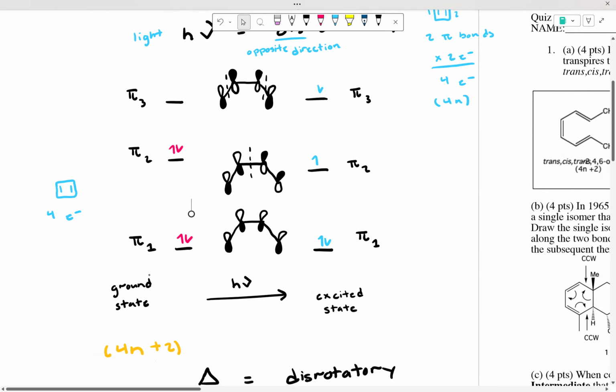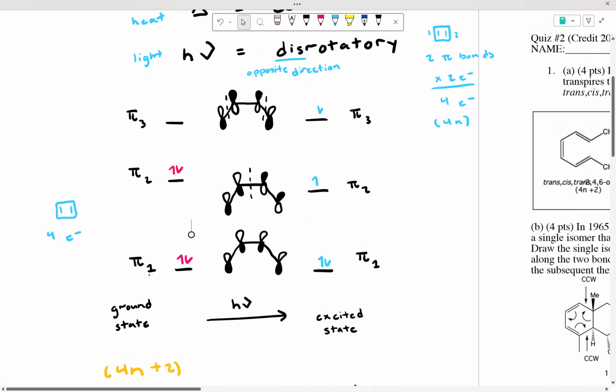The ground state is the most stable conformation of the pi molecular orbitals because all of the lowest energy levels are filled up, completely filled.